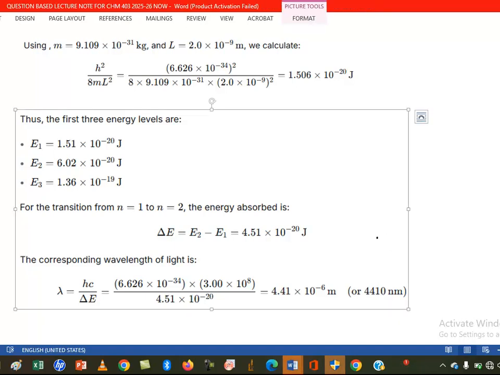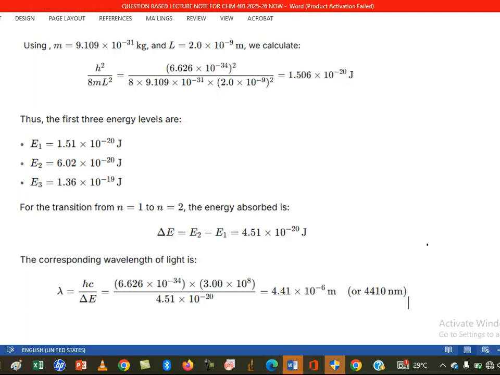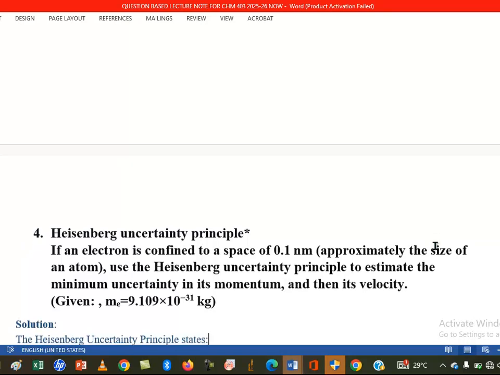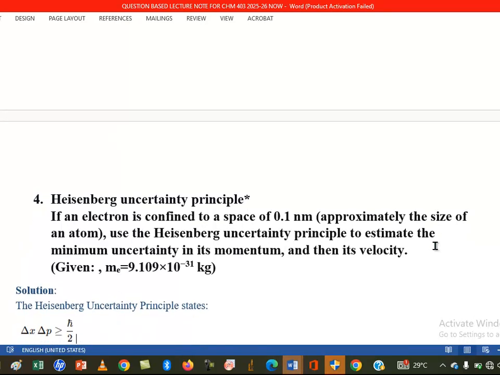Okay, let's move on to question 4. Question 4, where we look at the Heisenberg uncertainty principle. Very interesting principle.